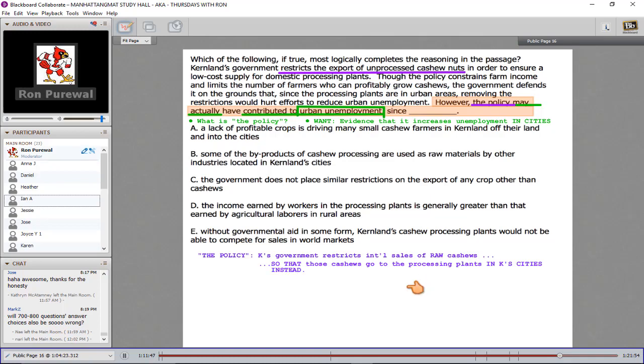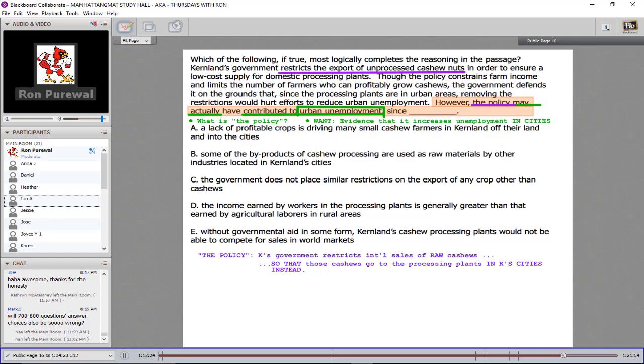So basically the implication is if this policy were not in place, then these plants would get less business because these cashews would go overseas. Okay. So the government defends it, and so on. The government says that because the plants are in the cities, it keeps these people employed.